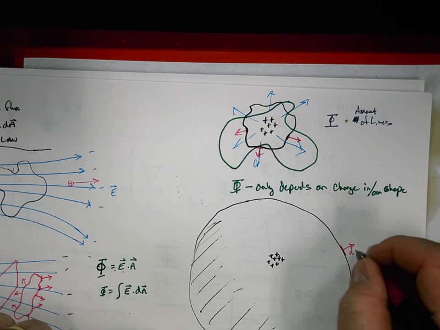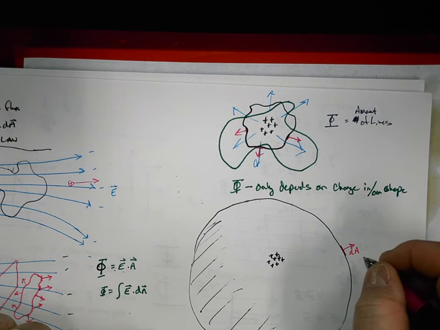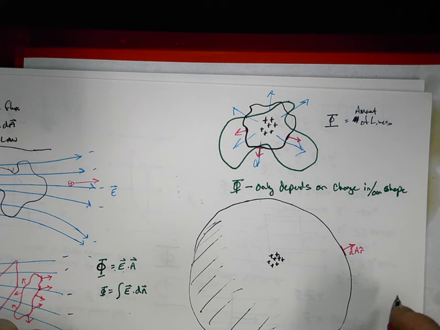This is dA, and our dA is in this direction. If it's a perfect sphere, then the direction of that area, our dA, is going to be in the r hat direction, away from the surface.